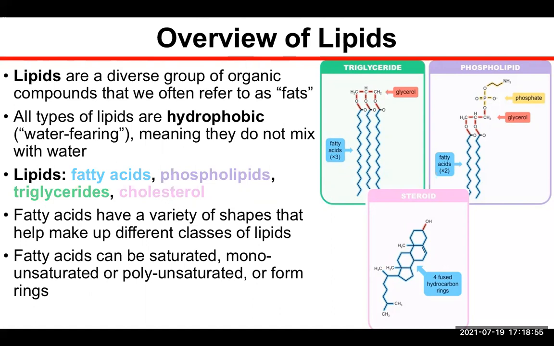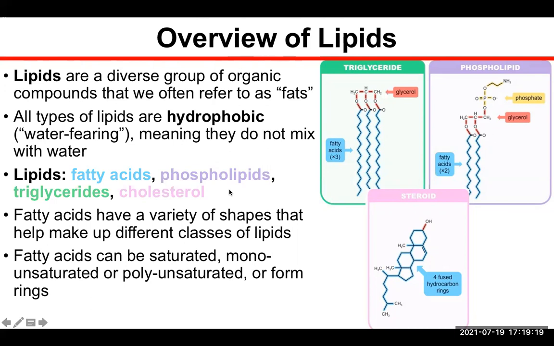But there are different kinds of fats, and they have all different kinds of functions. All lipids are water-fearing, or hydrophobic, so they do not mix with water. There's a whole process that needs to occur within our body in order to break up these lipids so we can absorb them.